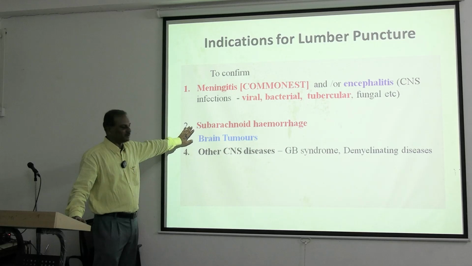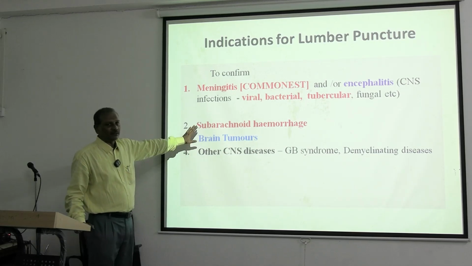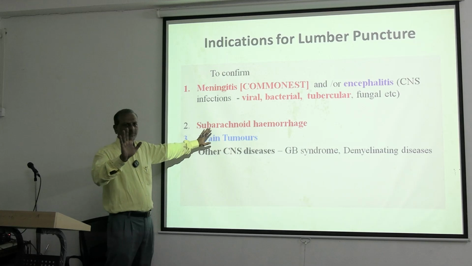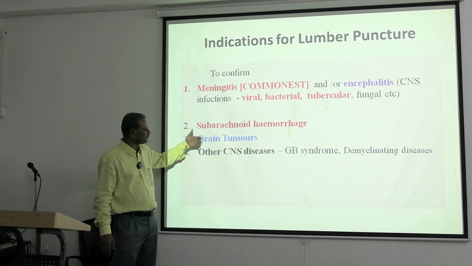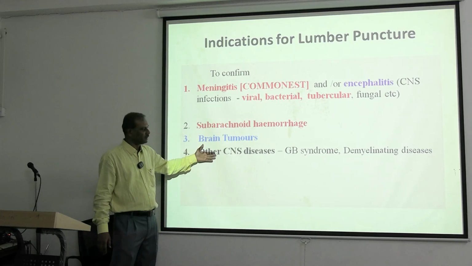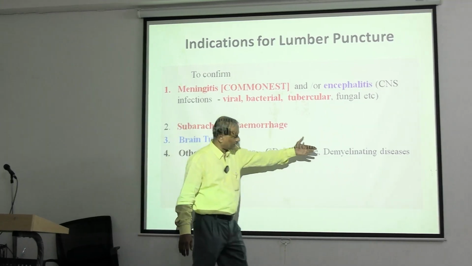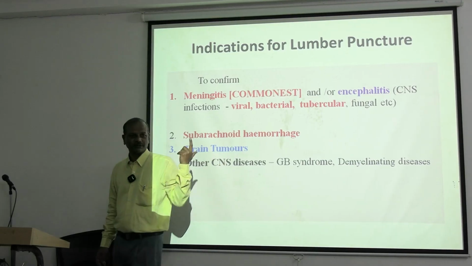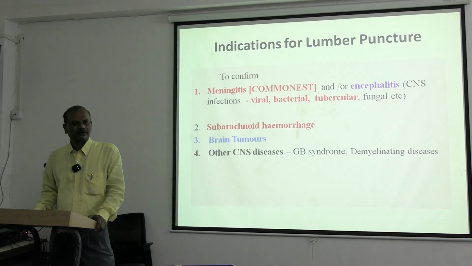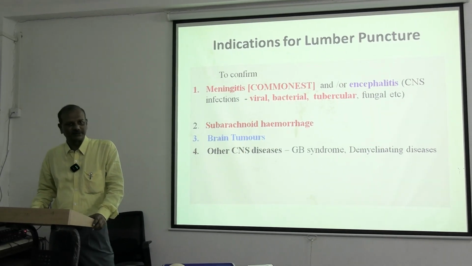Subarachnoid hemorrhage is also an indication. Brain tumors and other serious conditions too. Today, for at least the last two decades, we have had CT scan and MRI. With the advent of CT scan and MRI, subarachnoid hemorrhage and brain tumors can be diagnosed. Demyelinating disease also can be diagnosed, but Guillain-Barré syndrome requires CSF. You will not get a confirmation without CSF examination.